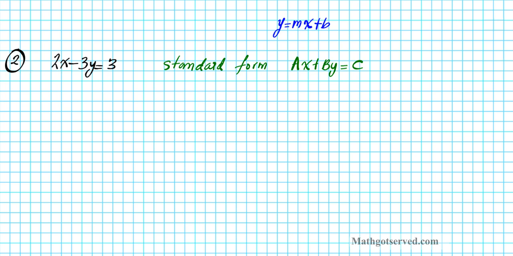To accomplish that, we're going to have to subtract 2x from both sides and then divide by -3. Okay, so let's start. Subtract 2x. The goal is to isolate y from both sides. So we have -3y equals -2x plus 3. And then divide every single term by -3.